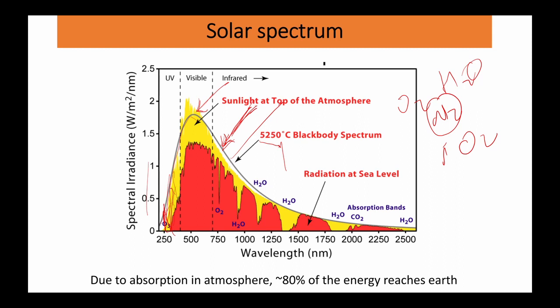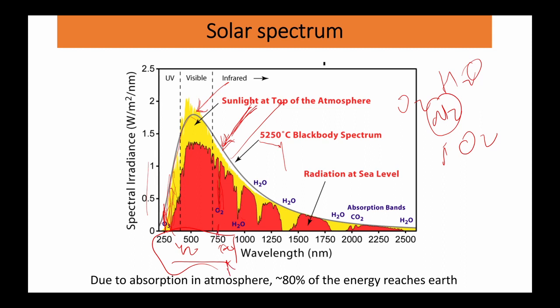And there are some dips, which are because of H2O and oxygen, as shown. The visible region is from 400 to about 750 nanometers.